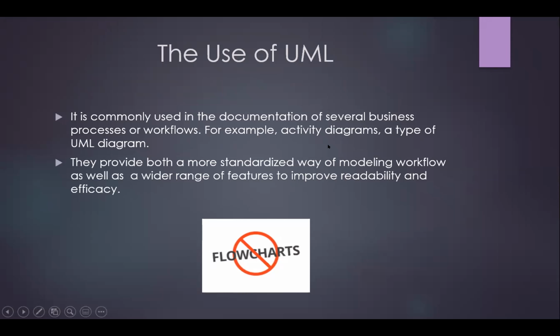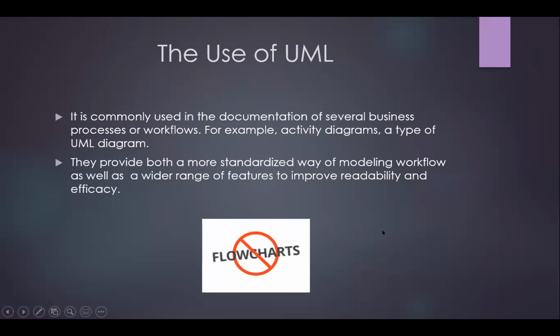For example, activity diagrams are a type of UML diagram. They provide both a more standardized way of modeling workflow as well as a wider range of features to improve readability and efficacy. Flowcharts are not recommended.